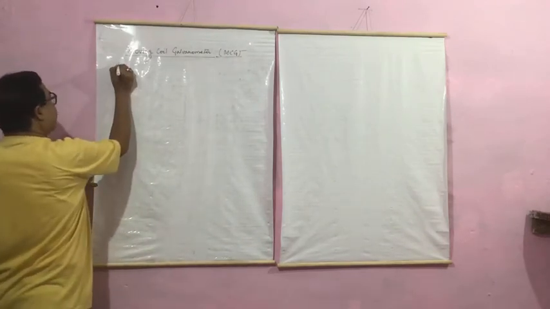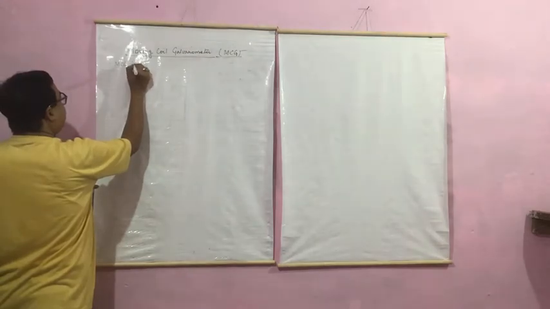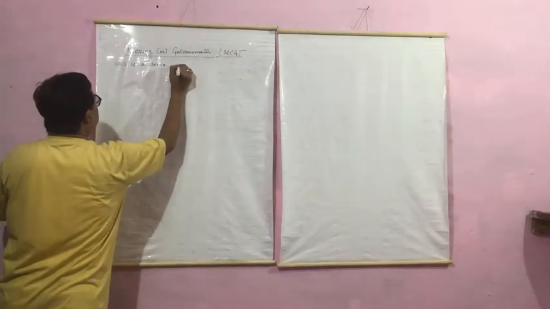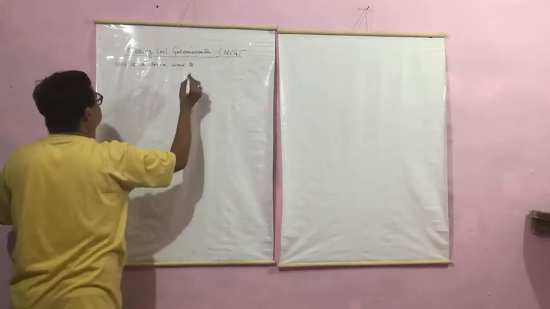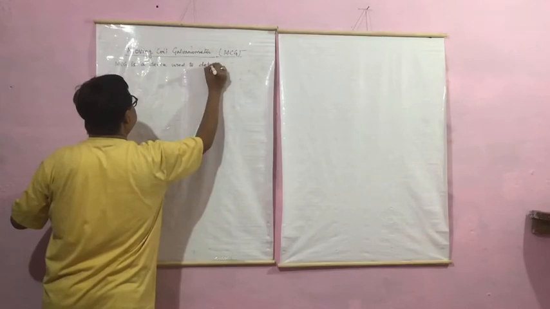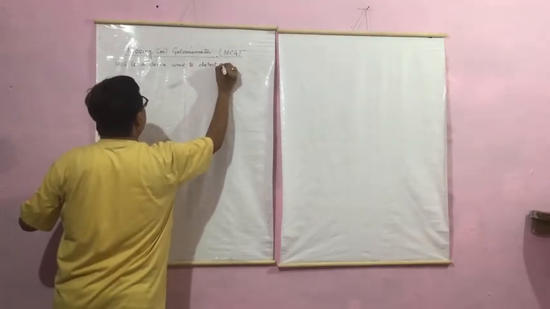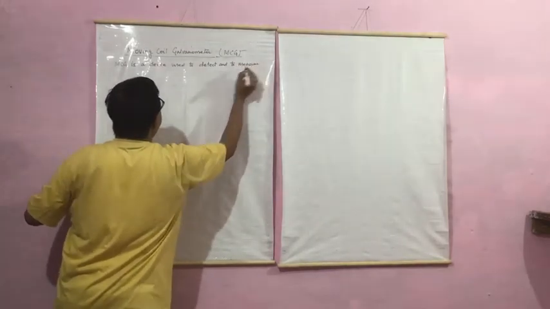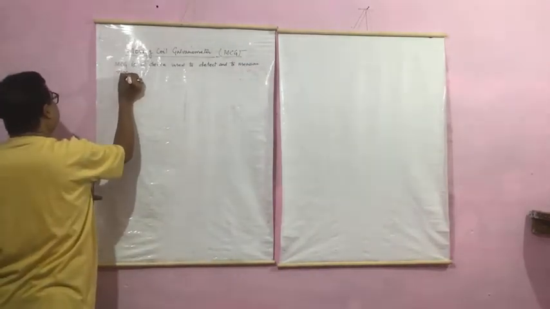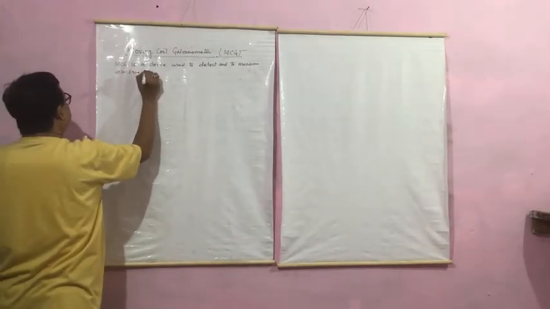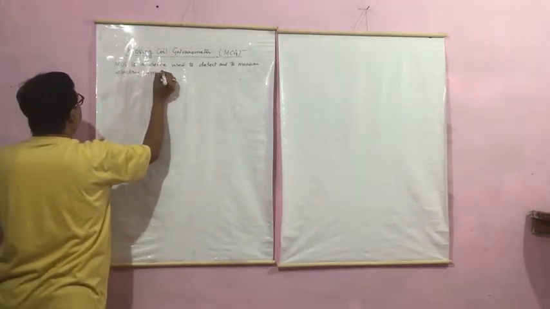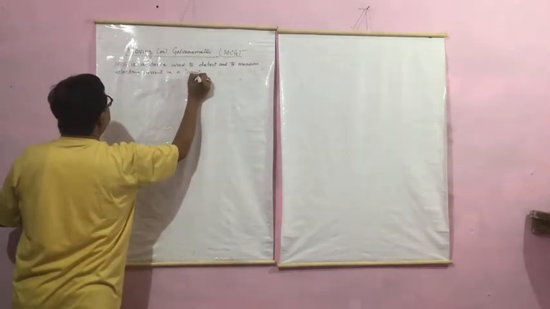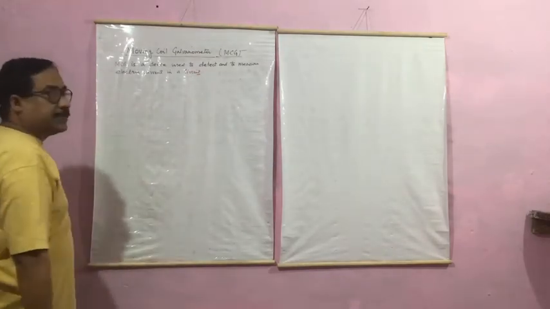So, moving coil galvanometer is a device used to detect and to measure electric current in a circuit. So this is the device.